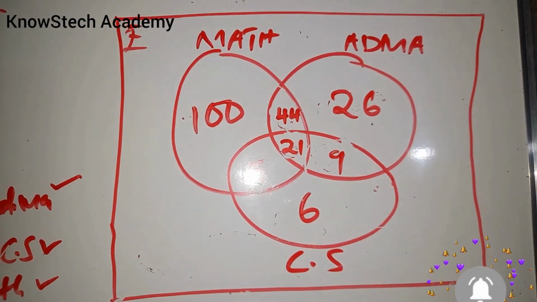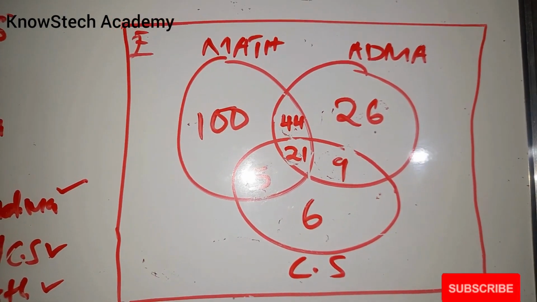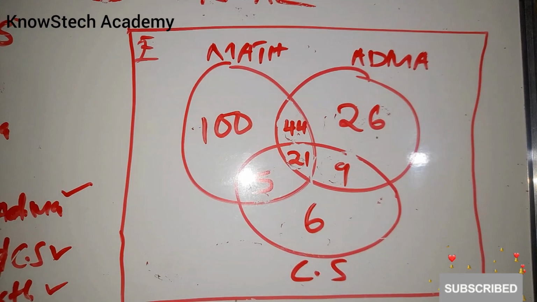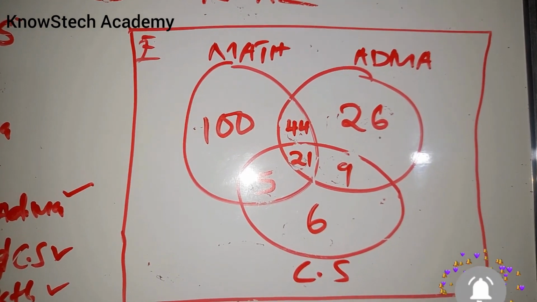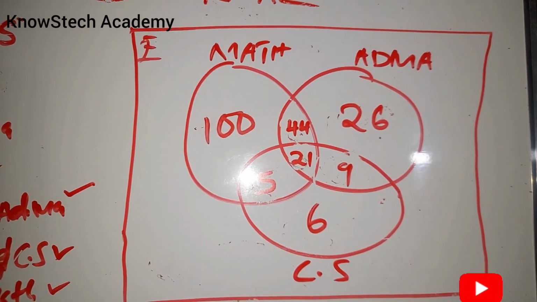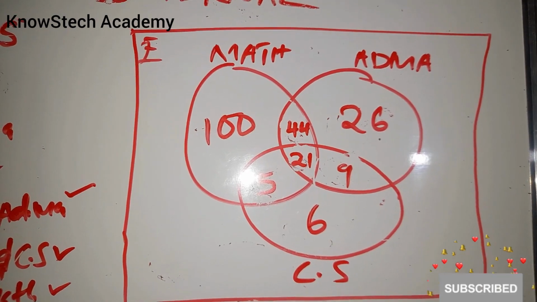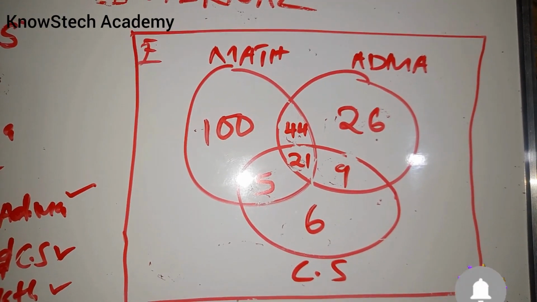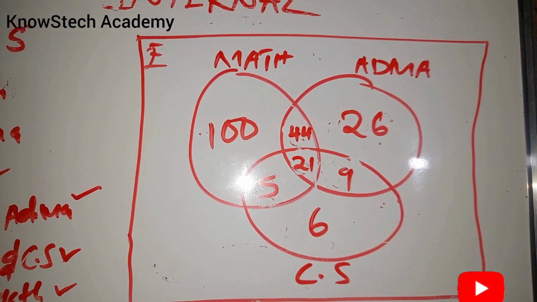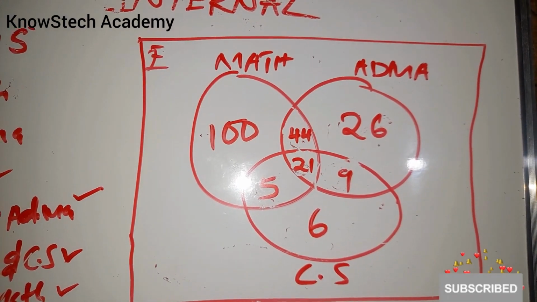So when you go back and redo 44 plus 21 plus 9 plus 26 is 100. Okay? 100.